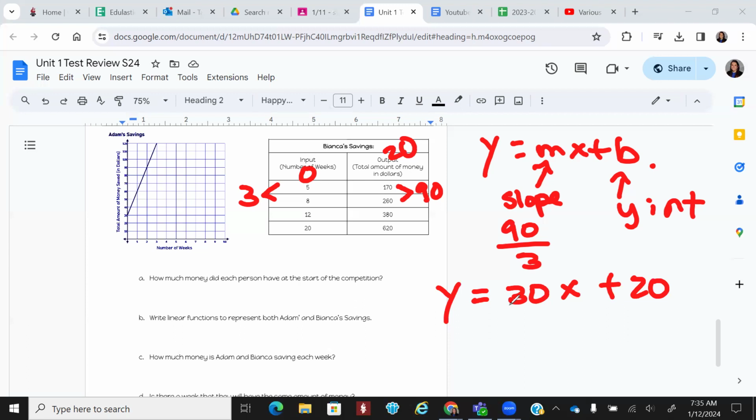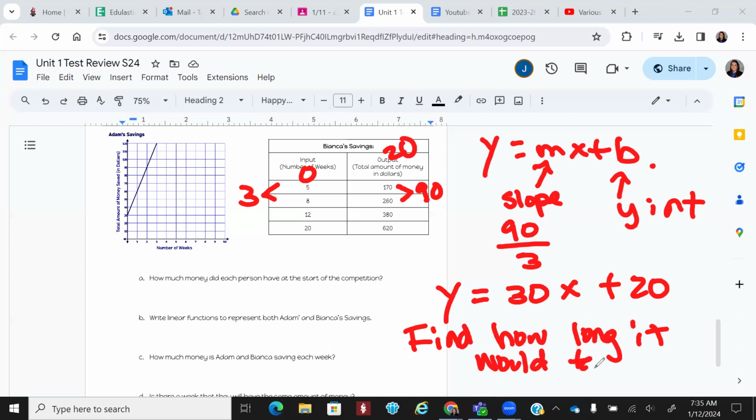Now, if I said, here's Bianca's equation, and I want to figure out how long it's going to take her to save up to equal $500, how would I go about solving that? I want to find how long it would take for $500. What would I do? Well, what does X represent?